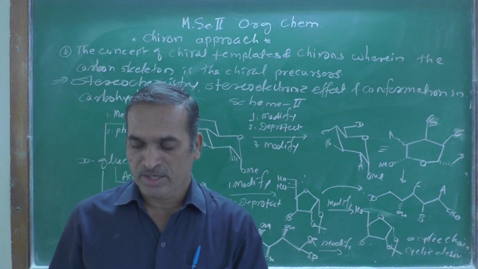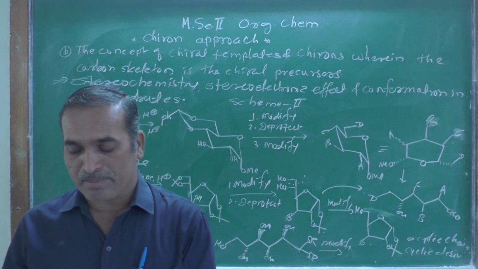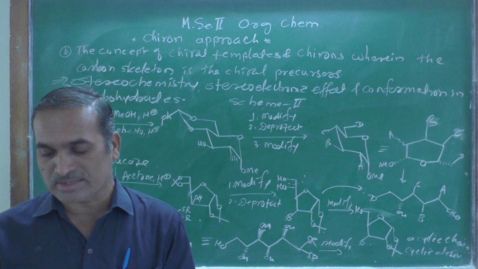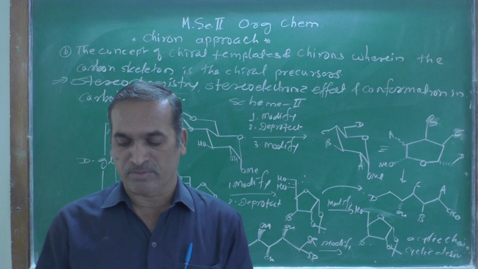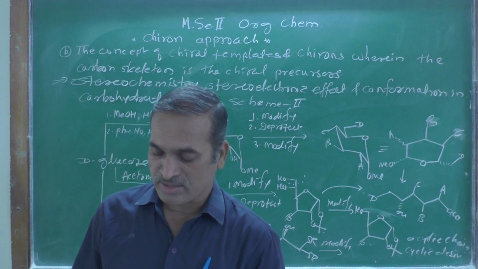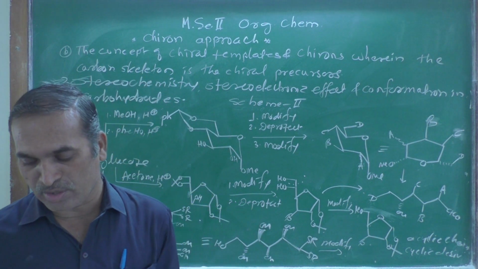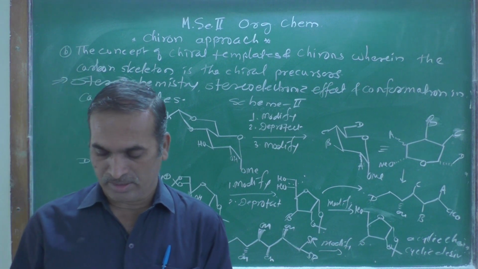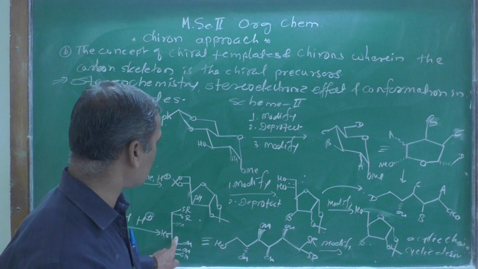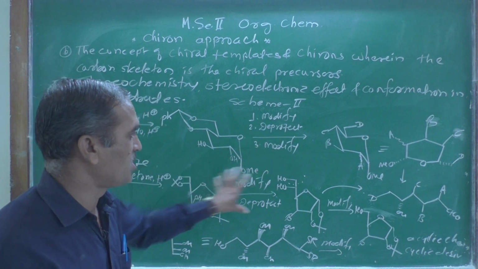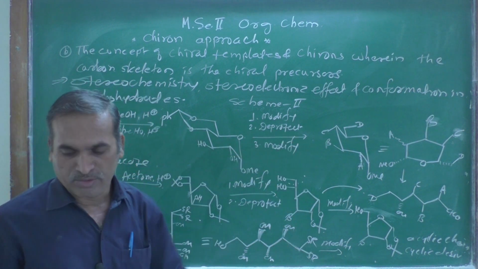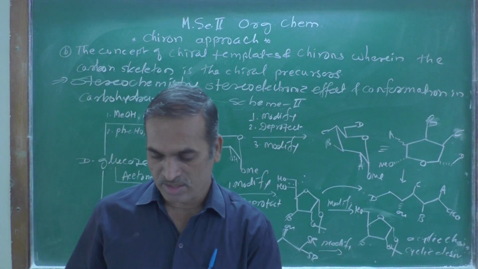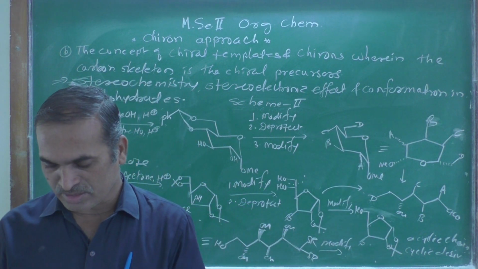And finally, D-glucose can be trapped as the kinetic acyclic derivative by treatment with thiol and acid to give the corresponding dialkyl dithioacetal this way. So these are the three different ways we can get the precursor.